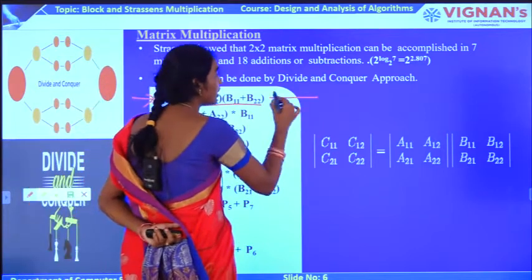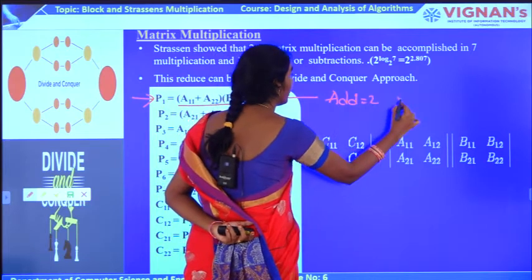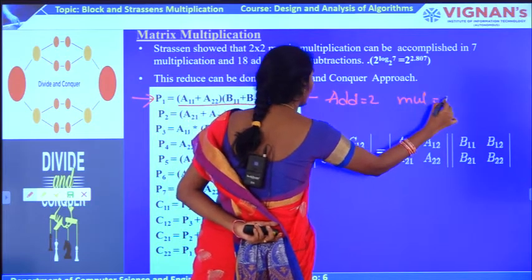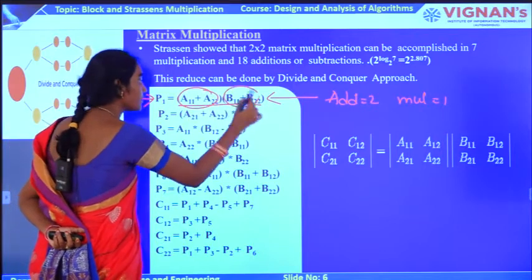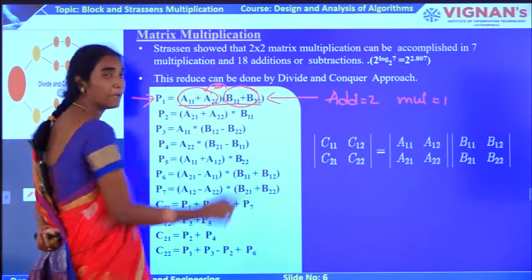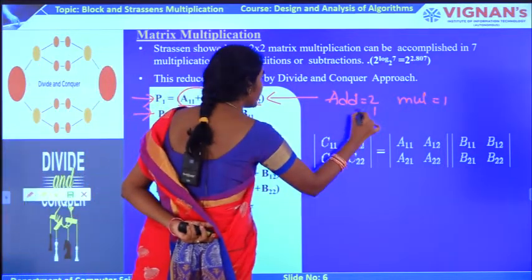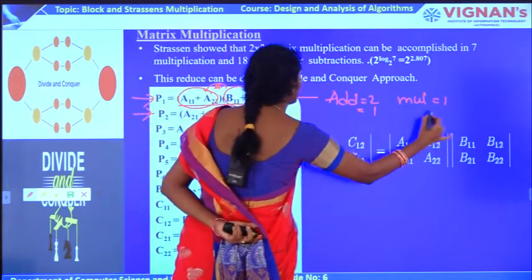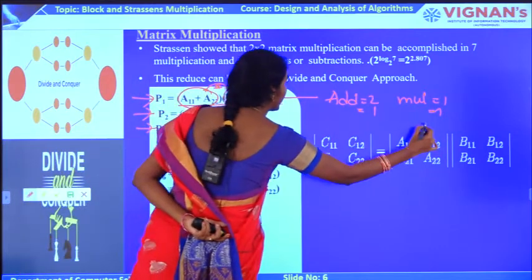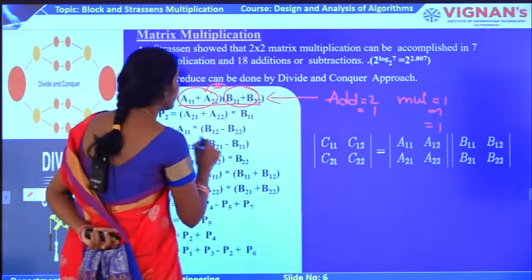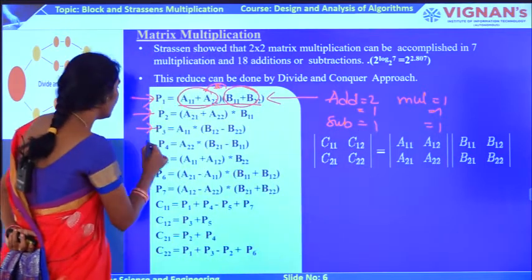Here, how many additions will I have? Additions are 2, multiplication 1, because here you have to compute this sum and this sum, and finally apply multiplication. Now for P2, we will have 1 addition and 1 multiplication. To compute P3, 1 multiplication and 1 difference, which is nothing but a subtraction.